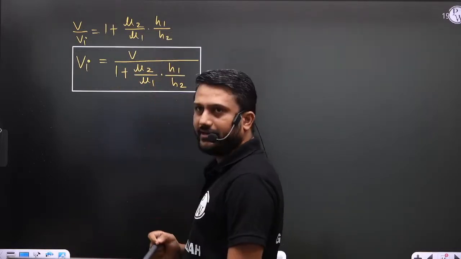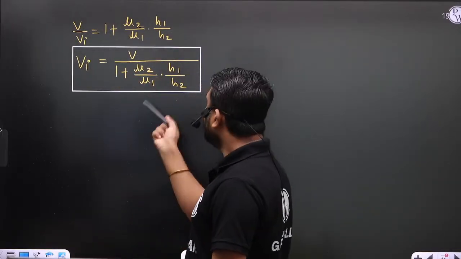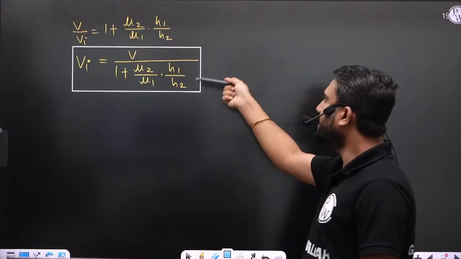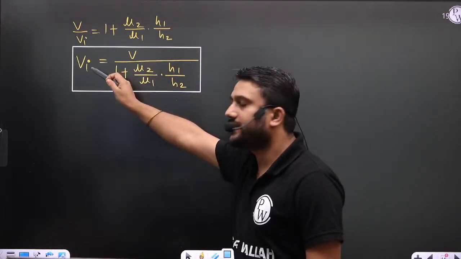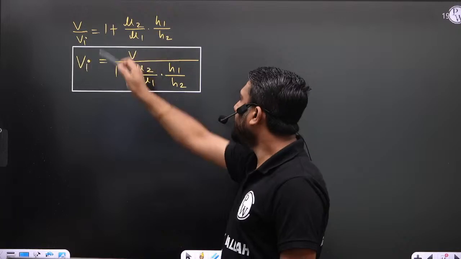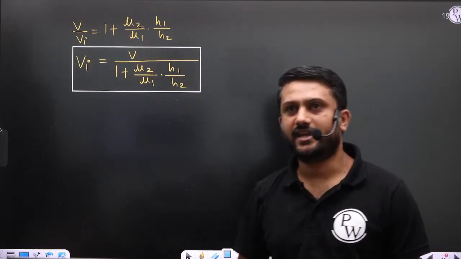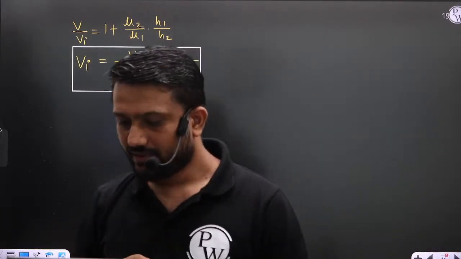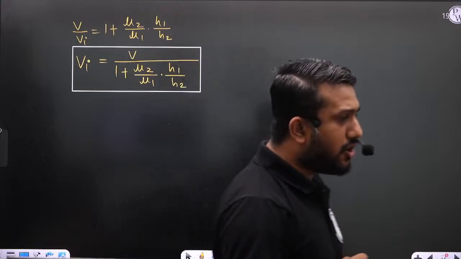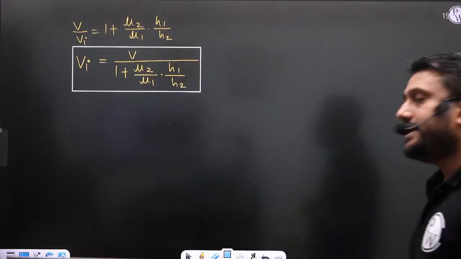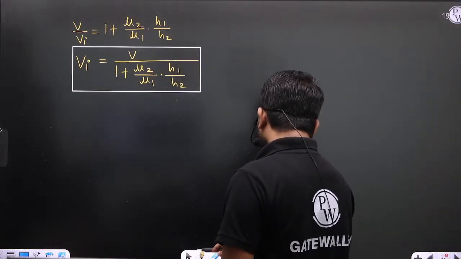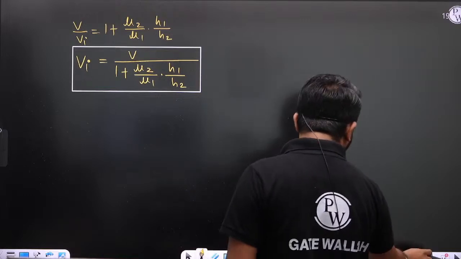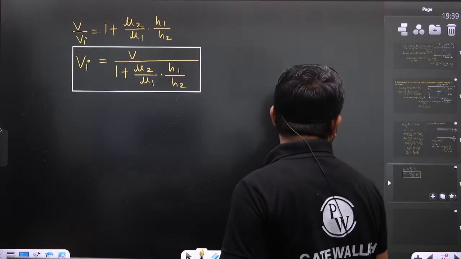V is given, mu2 is given, mu1 is given, H1 is given, H2 is given. Is it clear to everyone?